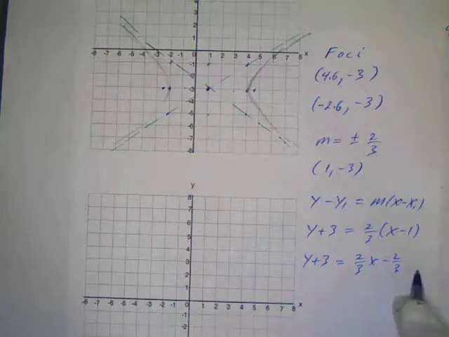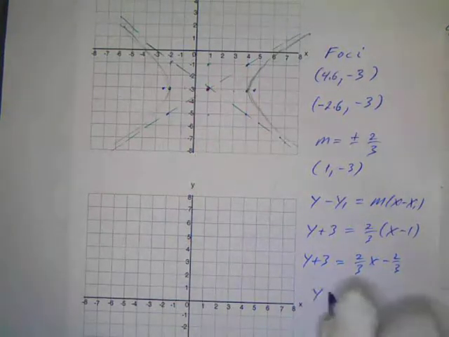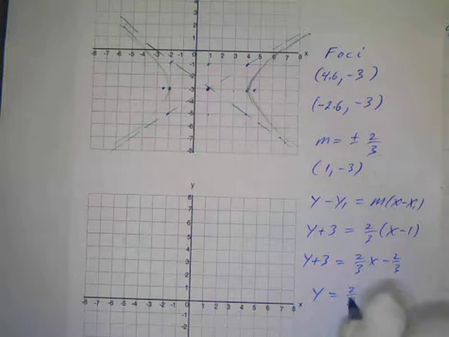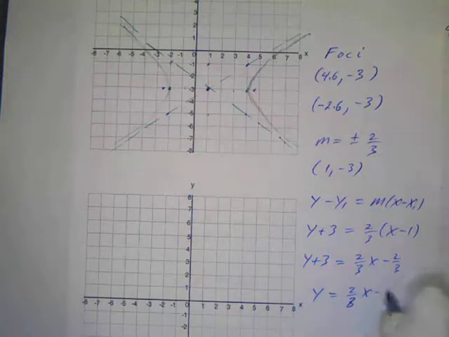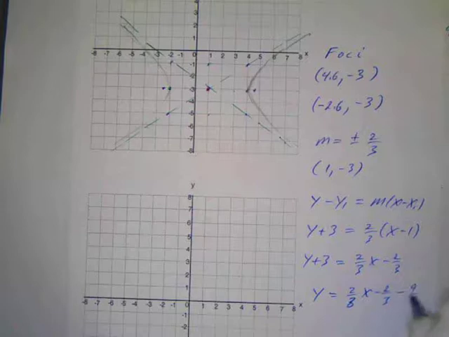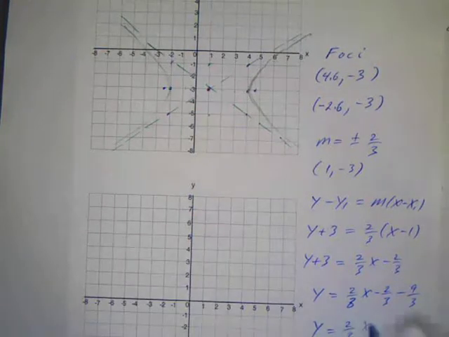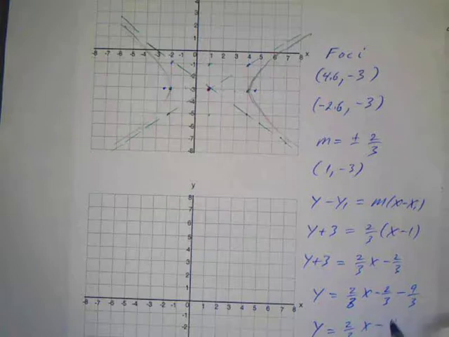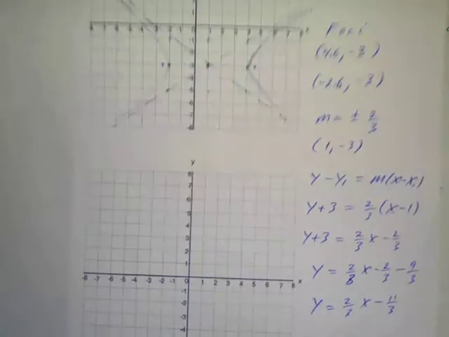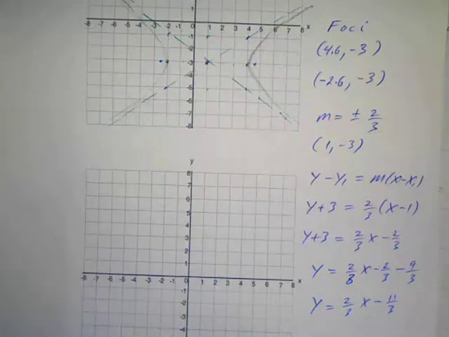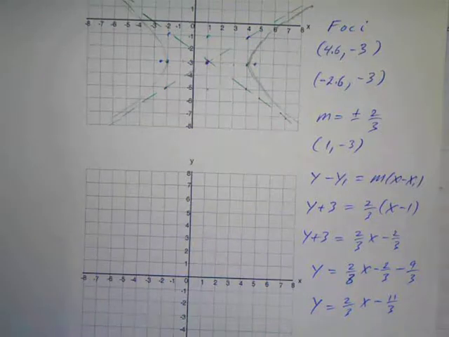Then I'm going to subtract 3 from both sides, but it's going to be in thirds, so I'll make it 9/3. So y equals 2/3 x minus 2/3, and I'm going to subtract 3, or 9/3. So y equals 2/3 x minus 11/3. So that's one of the equations of the asymptote. Okay, 2/3 x minus 11/3.